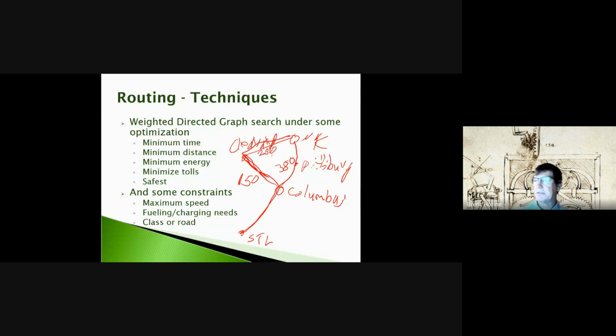And this is, I think, one of your questions. I just kind of rattled off minimum time, distance, energy, tolls, safest, which is one of the things that I think your book talks about, and that maybe you want to weight straight line segments with the lowest weight, and right-hand turns with maybe a little bit higher weight because maybe they're a little bit more dangerous or complicated.